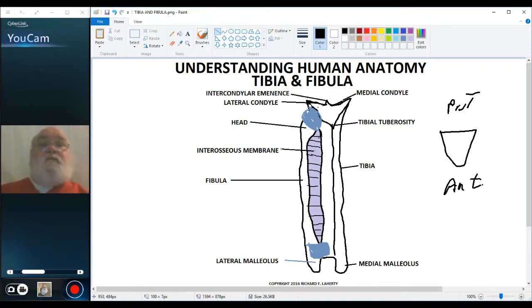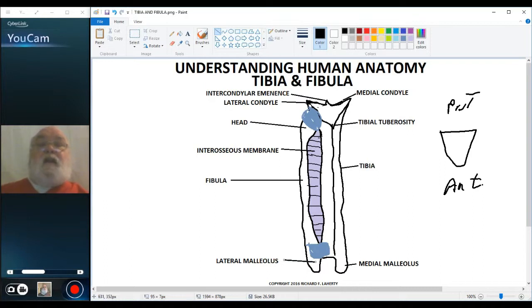So this is the skeletal structure of the leg. The tibia and fibula. The tibia is the weight-bearing bone, and it is the one that actually articulates with the tarsal bones. The fibula is there just to hold the tarsal bones in the joint, prevent them from dislocating laterally.